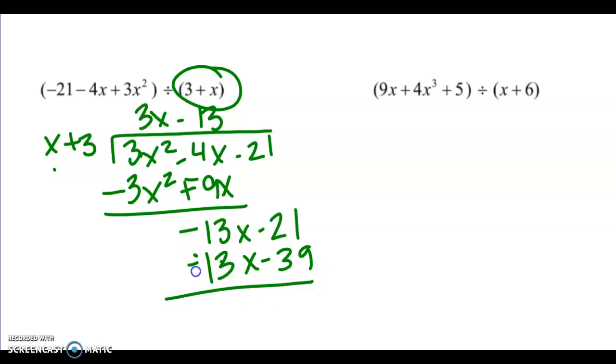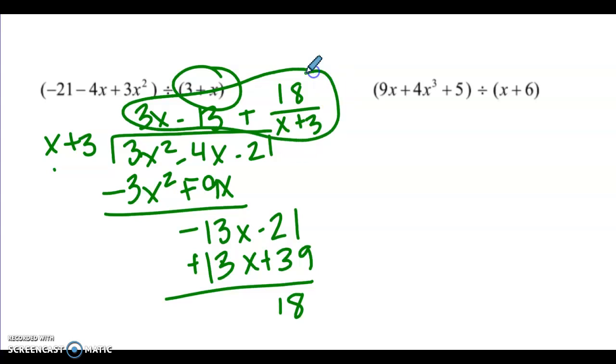So when I cancel that, it's going to give me a positive 18. Once I have my positive 18, that becomes my remainder, over x plus 3. Okay, there's my answer.